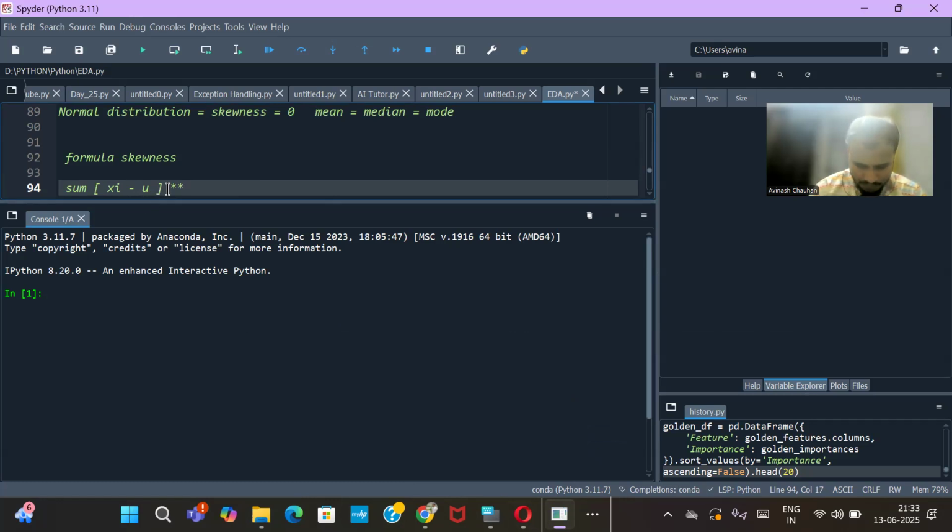divided by standard deviation, whole to the power 3.